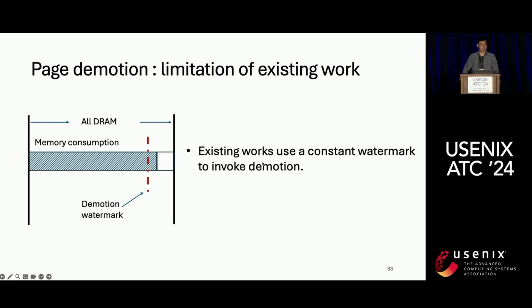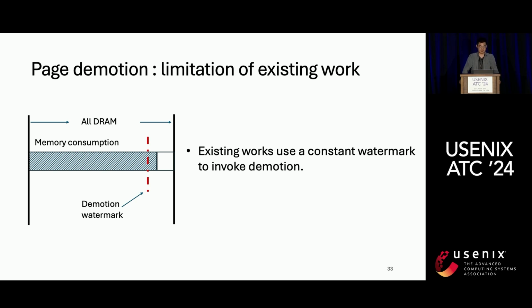So now let's talk about page demotion. Currently, how page demotion works is that there is a demotion watermark. If the memory consumption is larger than this watermark, then the demotion function is invoked. The demotion function will demote pages to make the memory consumption less than the demotion watermark.